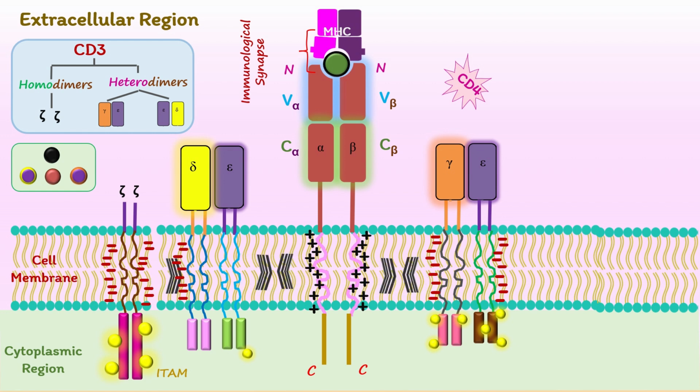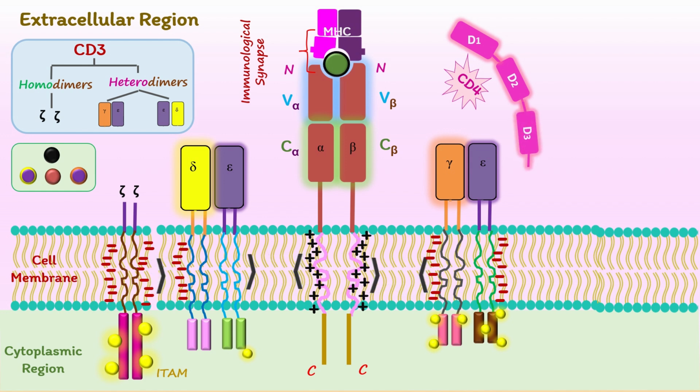The CD4 co-receptor is a single-chain molecule having a molecular weight of 60,000, found on human helper T cells. It interacts with MHC class II molecules, which we have discussed many times. The CD4 co-receptor has 4 extracellular domains: Domain 1, Domain 2, Domain 3, and Domain 4.